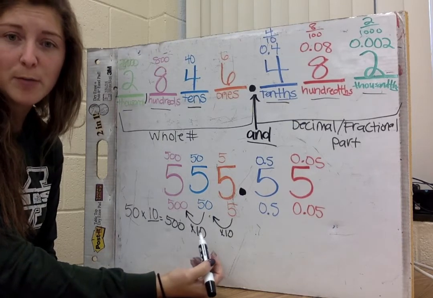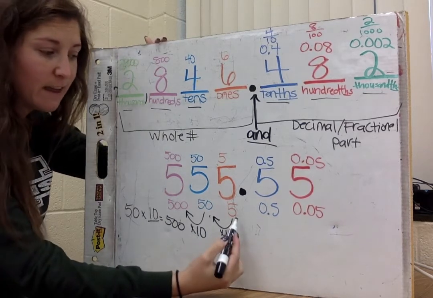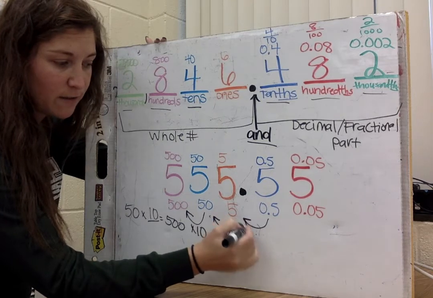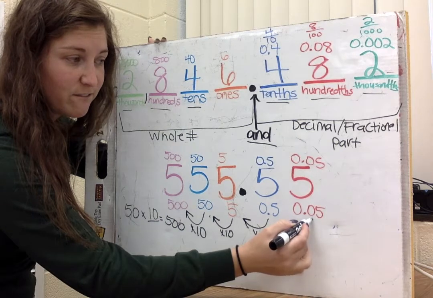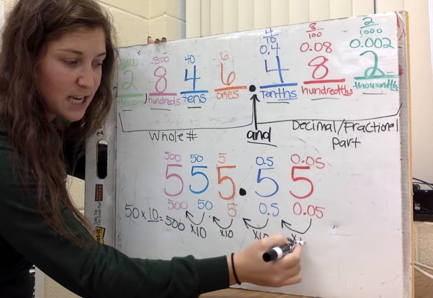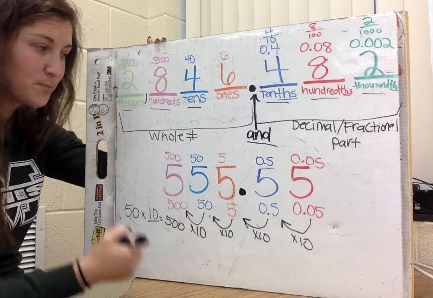And that's going to help you understand how to multiply by decimals. But I'm going to go ahead and tell you that 5 is 10 times bigger than 5/10. So I can multiply by 10 there as well. 5/100 times 10 would be 5/10. So I can multiply by 10 moving that way.